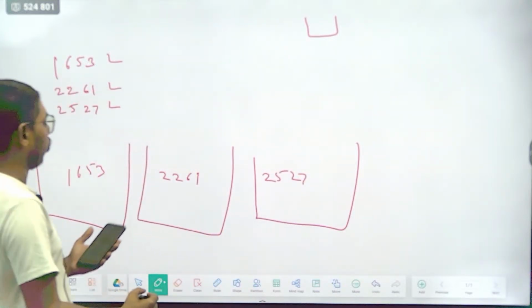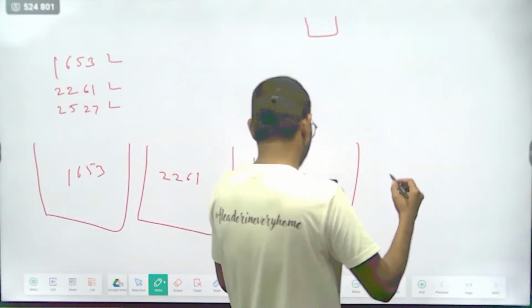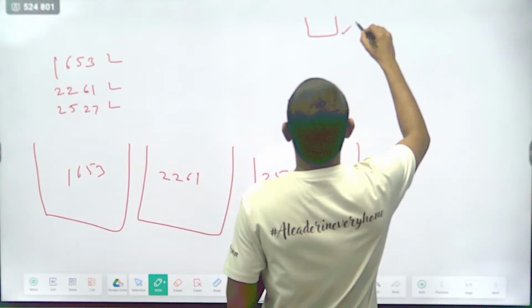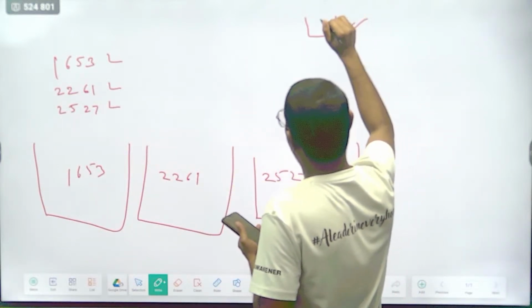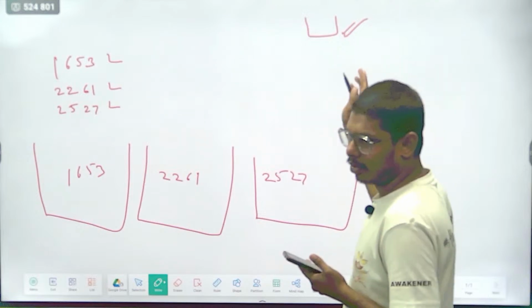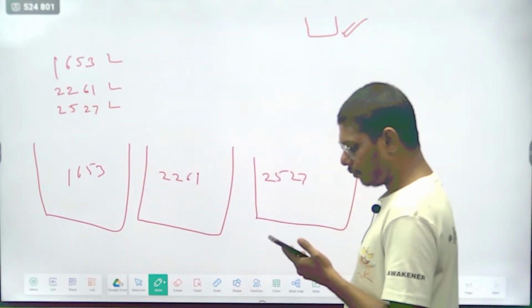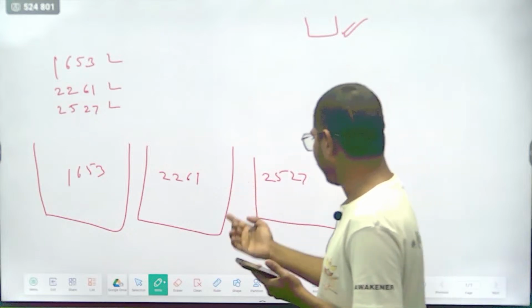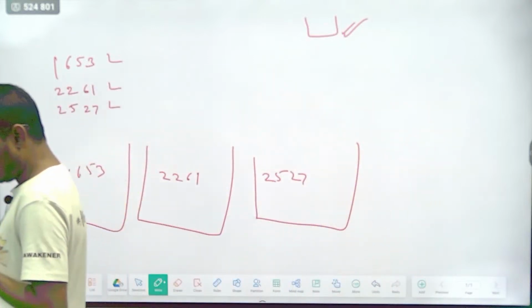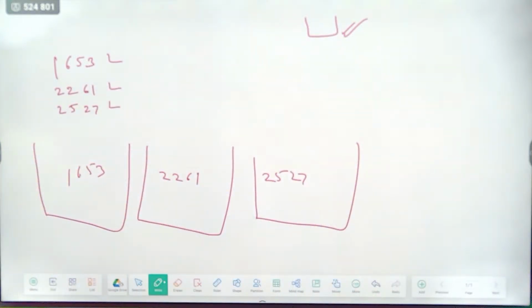So what could be the highest capacity of the measuring vessel so that you can measure each of these completely? Find out and tell me the number.